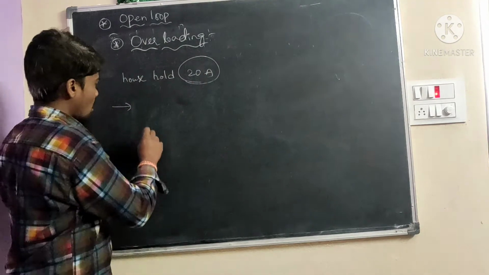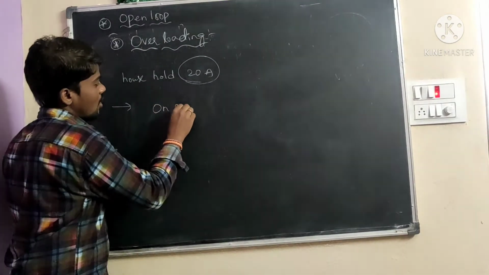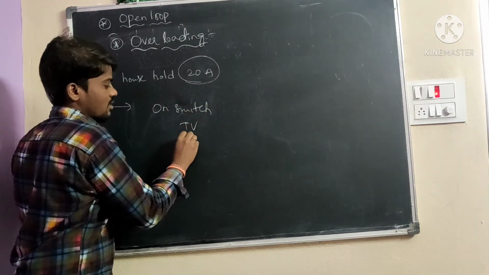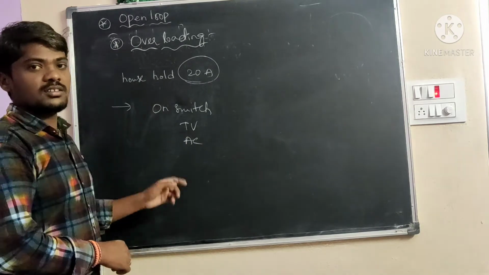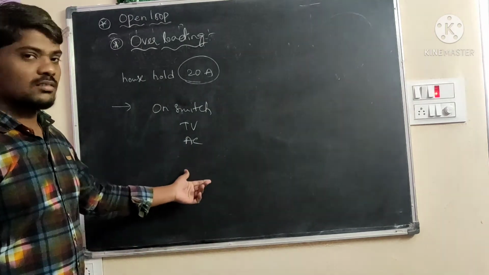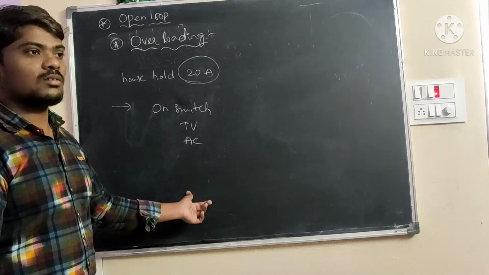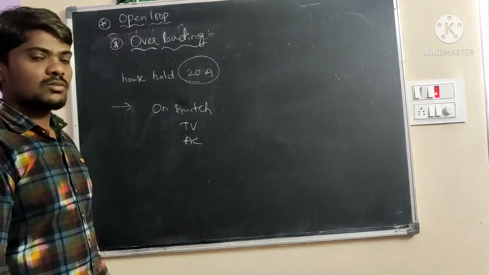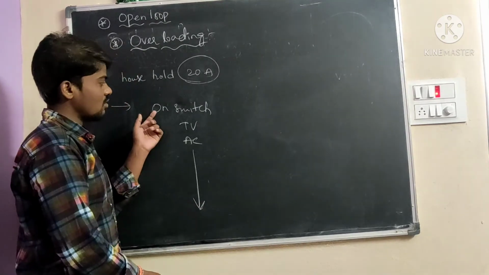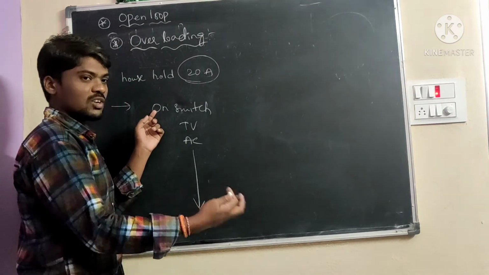Switch on the electrical components: TV, AC, rice cooker, fan, bulb, refrigerator, cooler. So many are switched on, along with other electrical components.